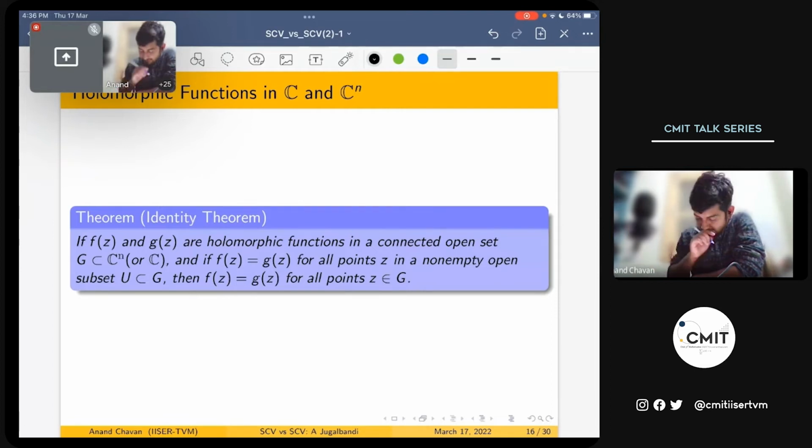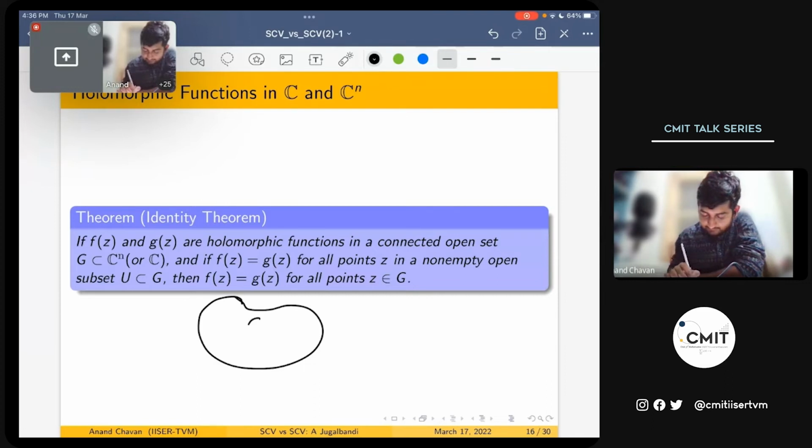Let me tell you what it means. Suppose I have a set G, and I have a subset of this set, say U, and I have defined two functions, f and g on G, and on U, f is equal to g.